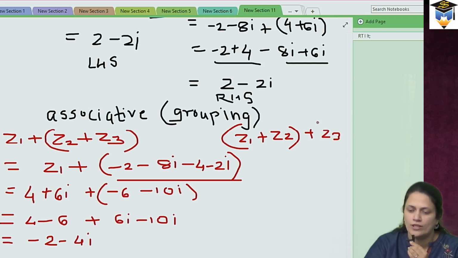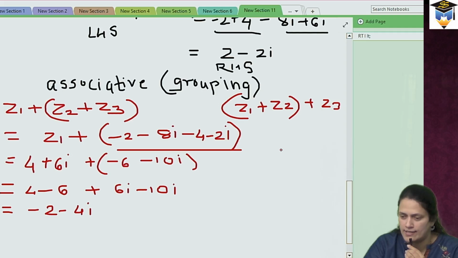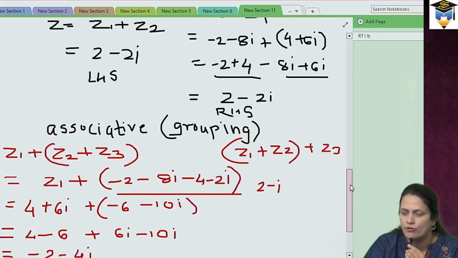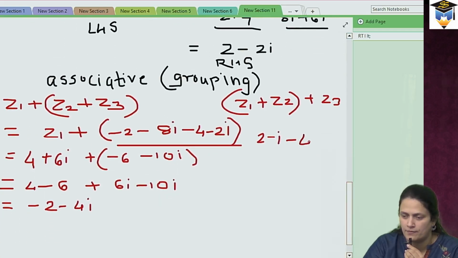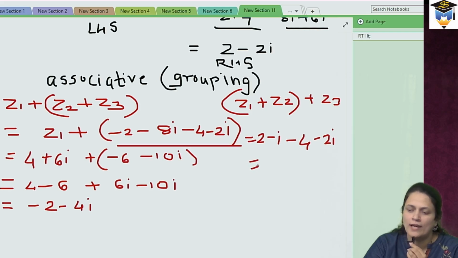Now solve what is Z1 plus Z2. Our answer of Z1 plus Z2 was 2 minus 2i, and then add Z3 to it, which is minus 4 minus 2i. So when you solve this, it is going to be 2 minus 4, that is minus 2.